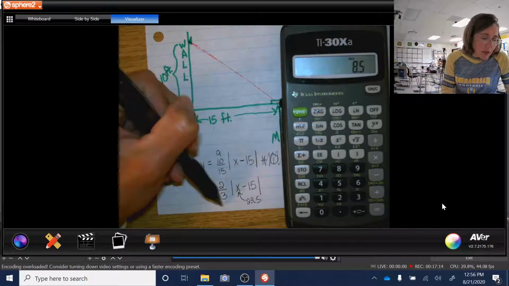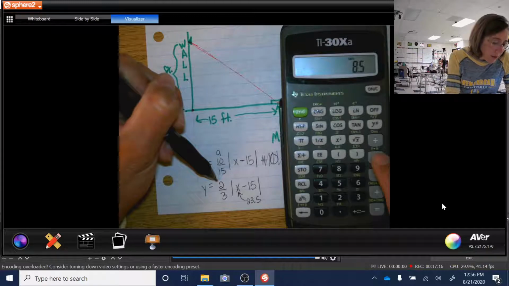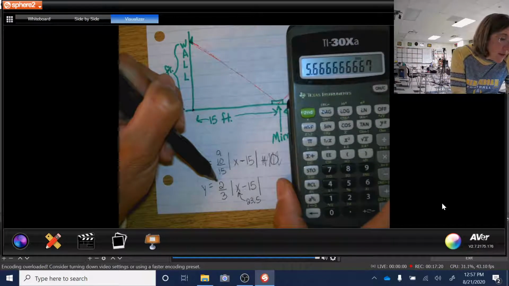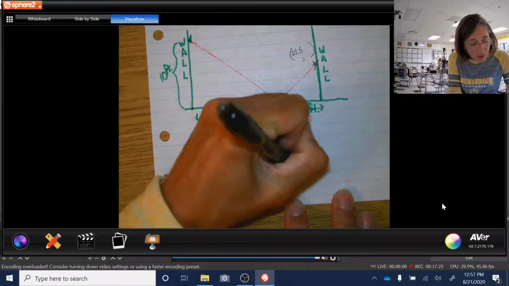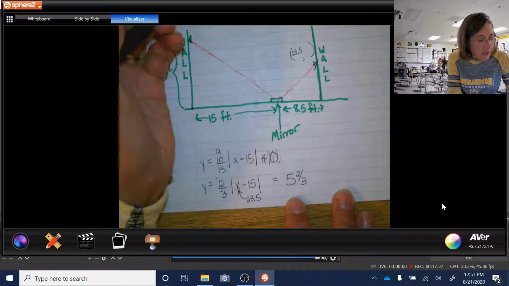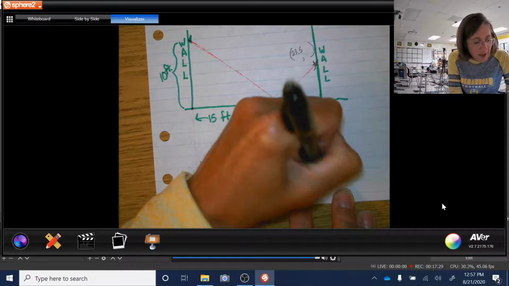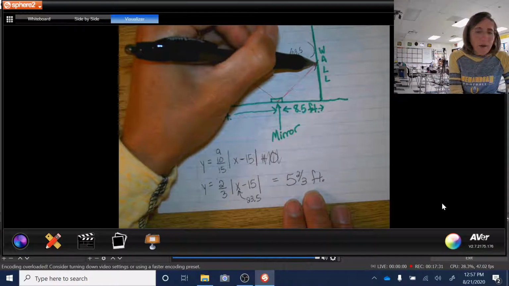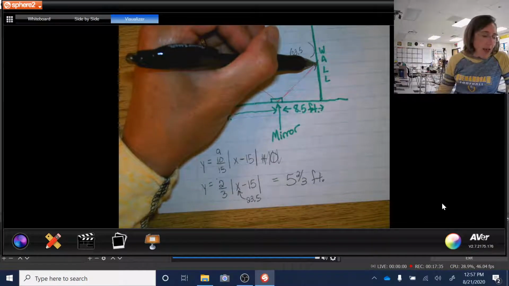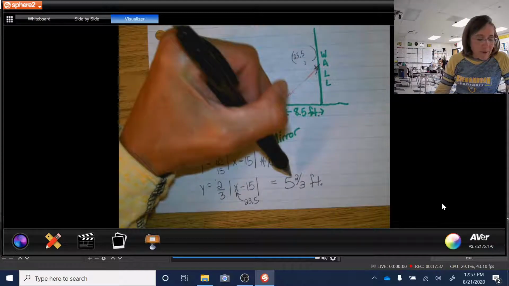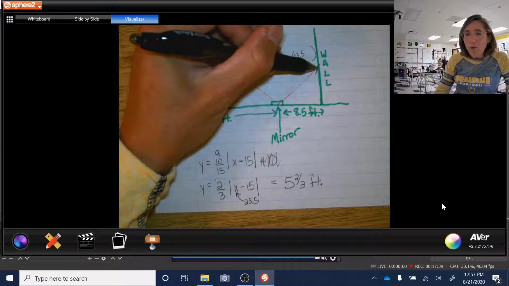And then I need to multiply it by this 2/3 out front. So 8.5 times 2 divided by 3 is 5.6 repeating, which is 5 2/3 feet up. So that point of reflection would be a little bit above my head, because I'm not quite that tall. So 5 2/3 feet is where that point would hit the wall.